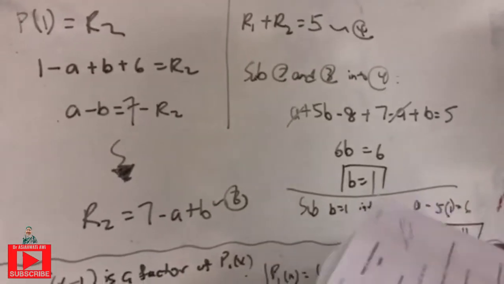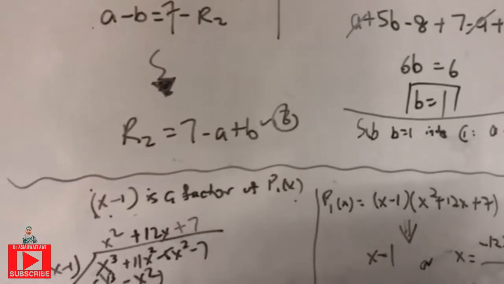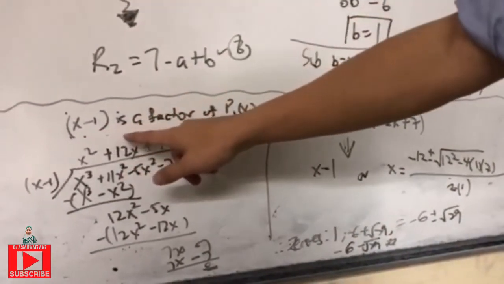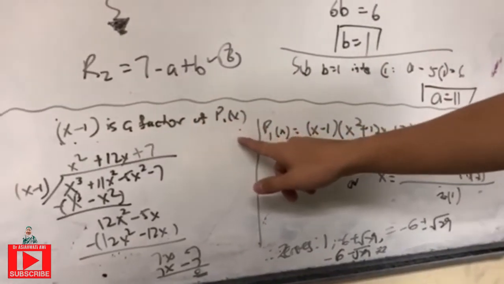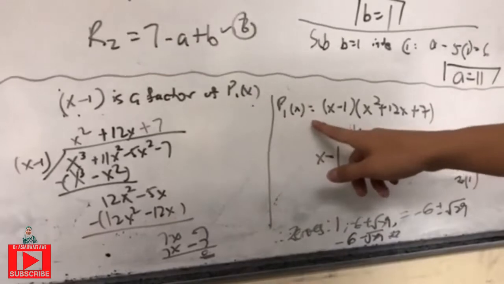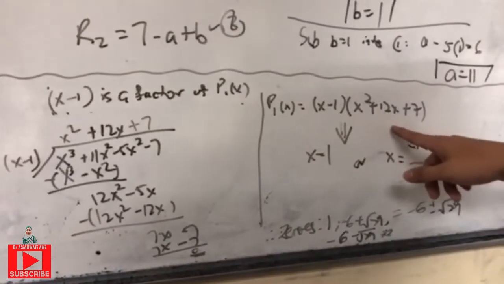After that, the question needs us to find the zeros for P1(x). As we know, x minus 1 is a factor of P1(x). So we factorize P1(x) by using long division, and then we get P1(x) is equal to x minus 1 times x squared plus 12x plus 7.